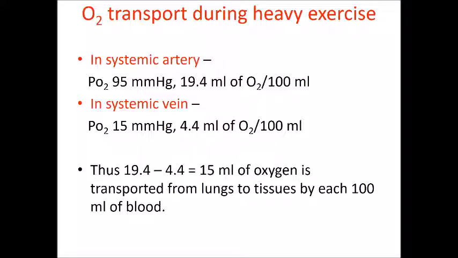So 19.4 minus 4.4 is equal to 15 ml. 15 ml of oxygen is transported from the lungs to the tissues by each 100 ml of blood when a person is doing heavy exercise. The normal value was 5, so it is 3 times the normal value. So when a person is exercising, 3 times the normal value of oxygen can be transported to tissues.